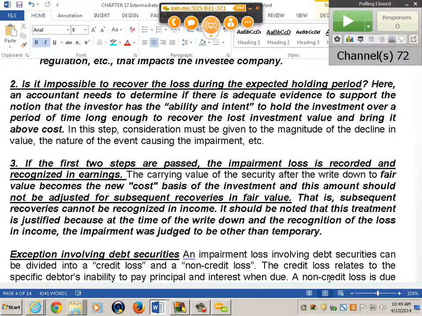A lot of these that you see here are standards that are developed with the IASB. So these are more like IFRS standards with a lot more judgment flowing through.